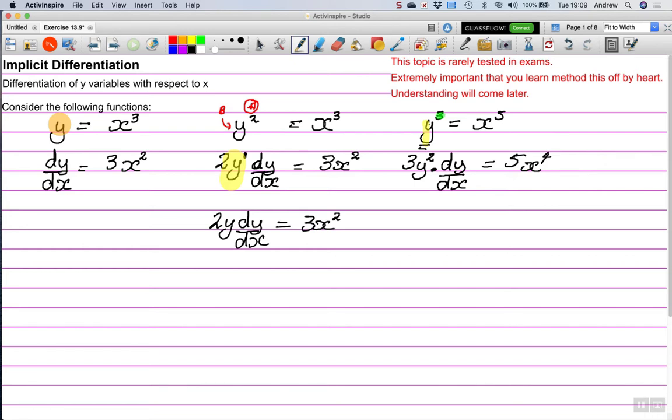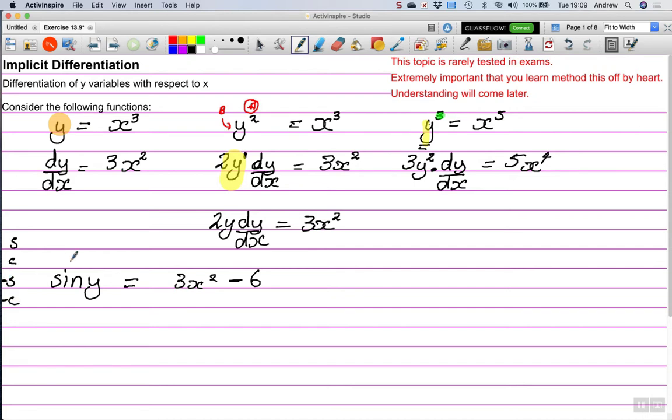Let's go on to another one. If I've got sine of y is equal to 3x squared minus 6x, I am differentiating this equation with respect to x. So what's the priority function this time?